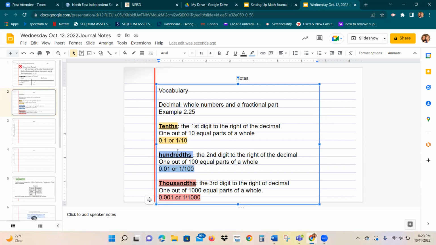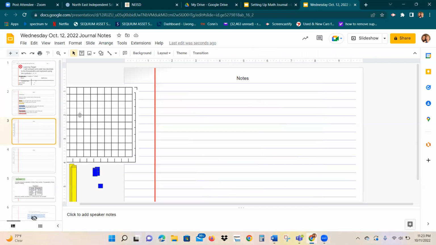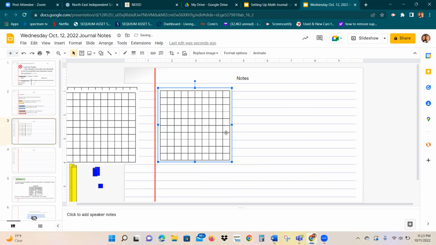All right, so now that we've already covered that, the next thing I want to do is your substitute teacher is going to give you a sheet of paper that has the grids on here. Okay, so I want you to cut out the first one and you're going to glue this into your journal like that.